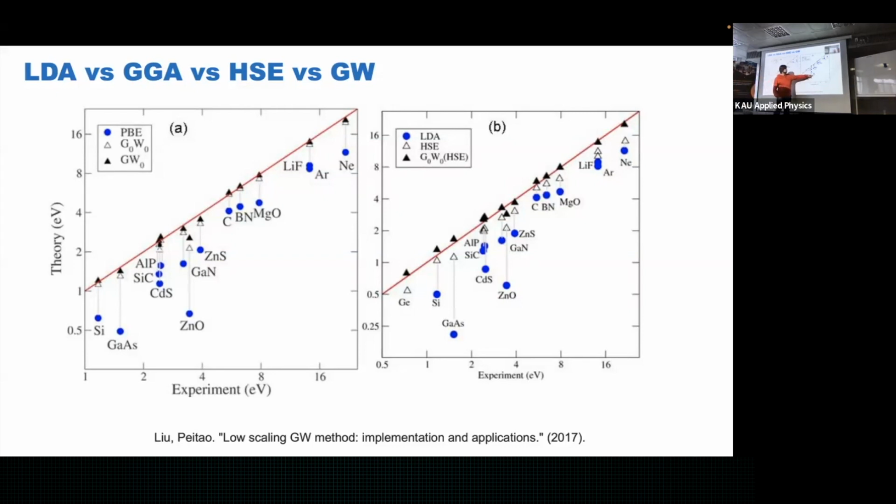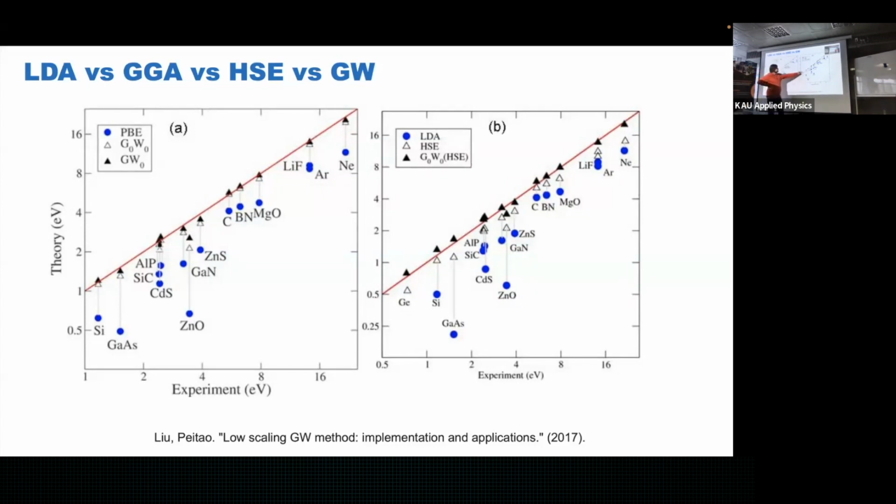LDA is even worse for band gap calculations. You see how strongly it underestimates. But HSE is these triangles. HSE is good, it's rather good. You see that these triangles are very close to the line of experimental data.